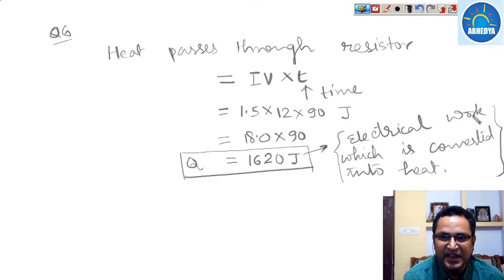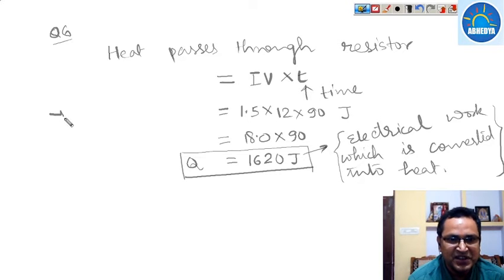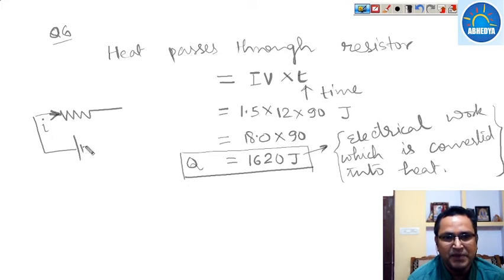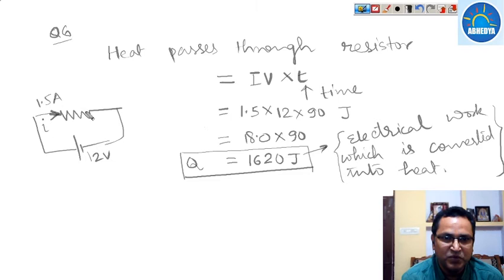This is I into V and that electrical work is converted into the heat. Suppose this is your resistor and current is flowing through this resistor as I, and this is connected with an external battery. This battery is of 12 volt and the current which passes is 1.5 ampere and this is for 90 seconds. So this much heat is generated in this resistor.